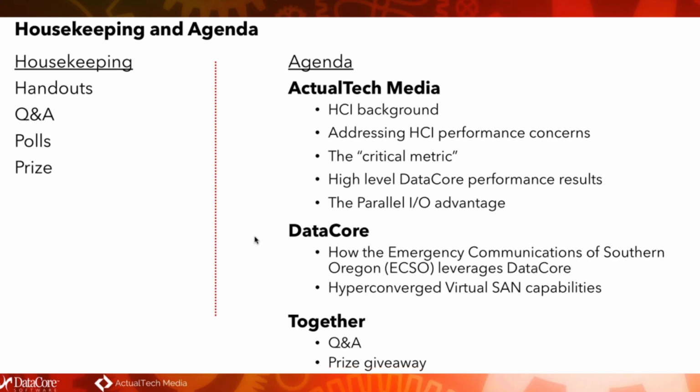As for an agenda today, we'll be starting out with a discussion around the background of hyperconverged infrastructure and address some of the concerns people have around potential performance challenges in the world of hyperconvergence. And we're going to talk about the one critical metric that you have to understand when it comes to hyperconverged infrastructure and really any part of your data center in general. It's what I think of as the golden metric, really, that all other metrics are judged by. I'll also share with you some high-level DataCore performance results of what they can do when it comes to improving the overall performance of a hyperconverged solution and give you the beginnings of a discussion around the parallel I/O advantage that DataCore brings to bear.